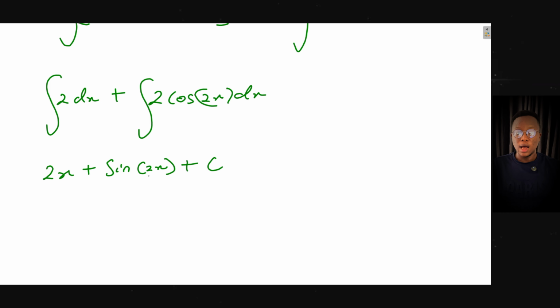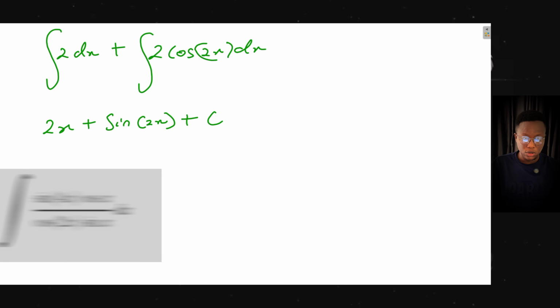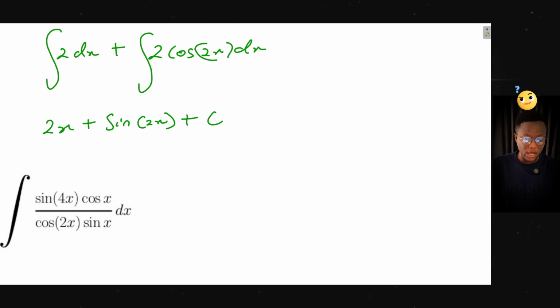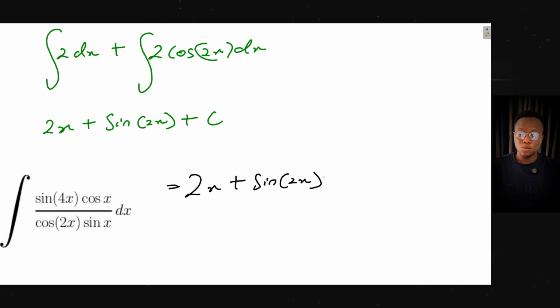And therefore, we can say that the integral of sine 4x cos x all over cos 2x sine x is equal to 2x plus sine 2x plus c.